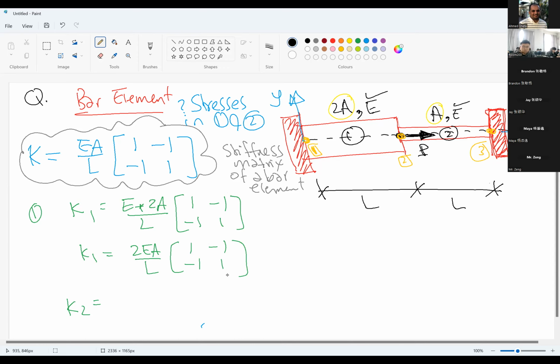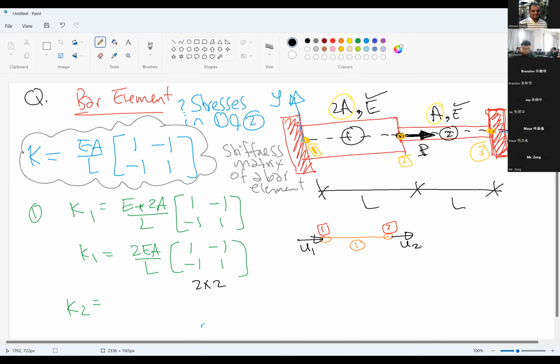As you know, this is 2 by 2. Can you tell me how it is 2 by 2? If we look here, this is our member number 1. Start with equation 1, node 1, node 2. How many degrees of freedom do we have for this truss? We have U1 and U2.